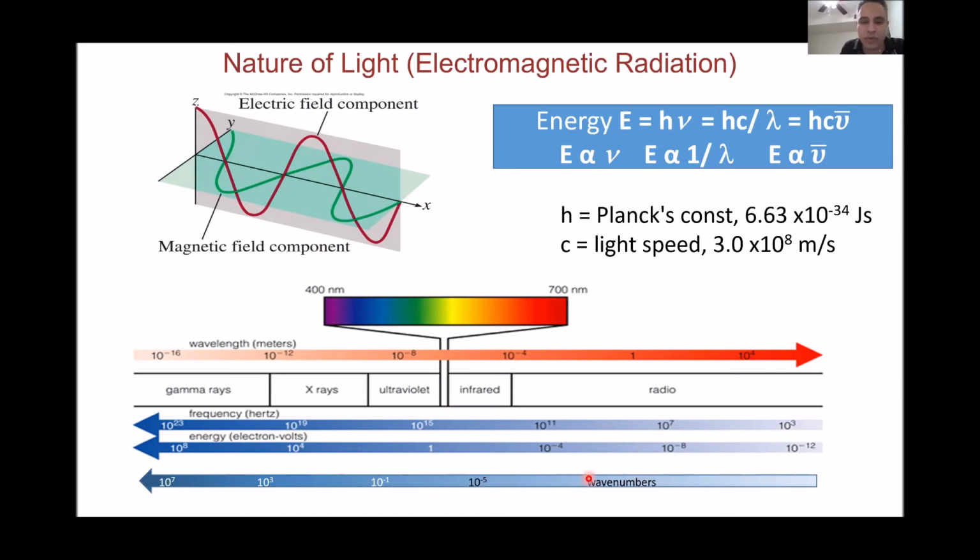As you go to larger wave number, you're increasing the associated energy as well, while the wavelength is inversely proportional. So longer wavelengths mean smaller energies, shorter wavelengths mean higher energies. The whole region of visible light lies in this small region right here within the range of wavelengths of 400 nanometers to 700 nanometers.